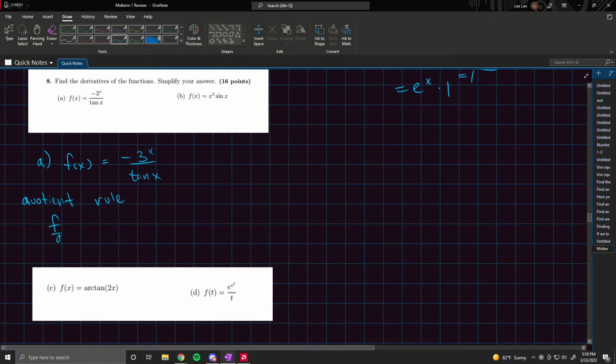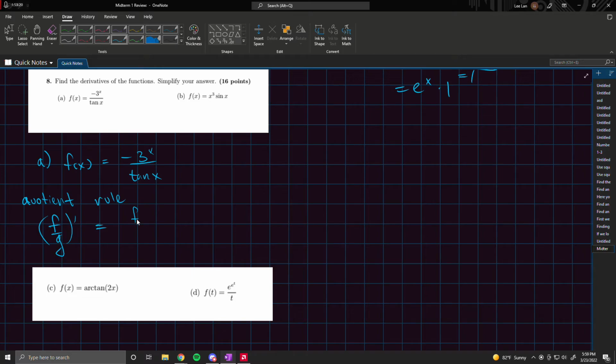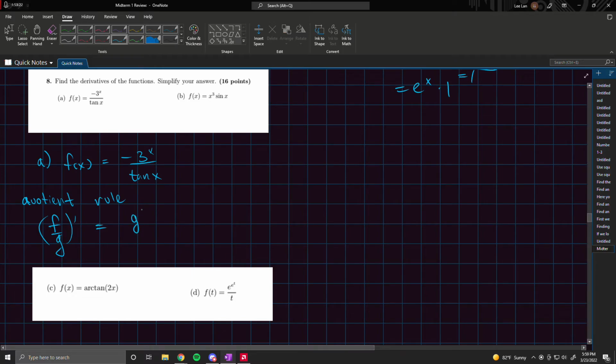The derivative of f over g is g f prime minus f g prime, all over g squared. Low d high minus high d low. If it helps, you could list out what everything is.